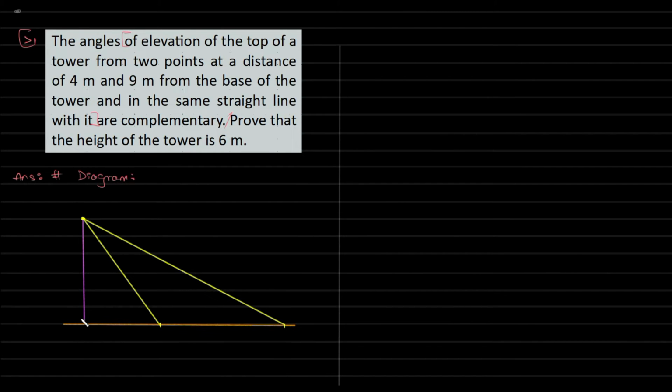Let us name it so that I can discuss. Angle ABC is 90 degrees, and BD is 9 meters. That's what they've given, right? And this is 4 meters.